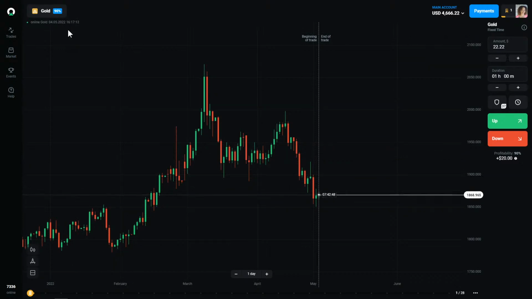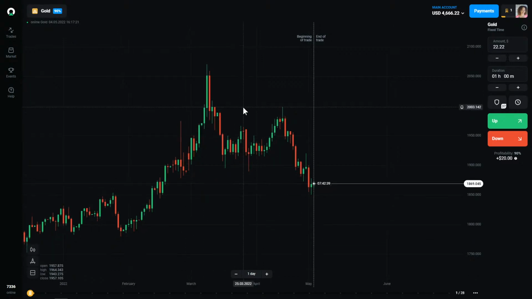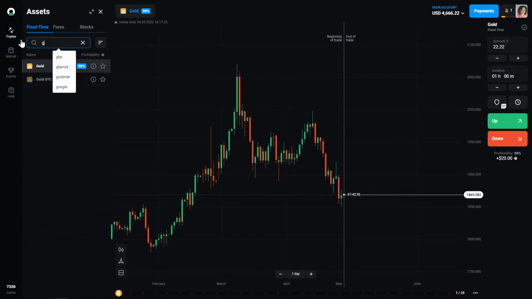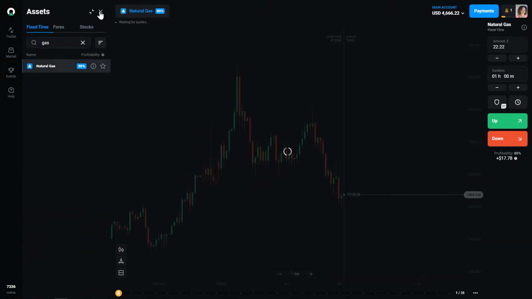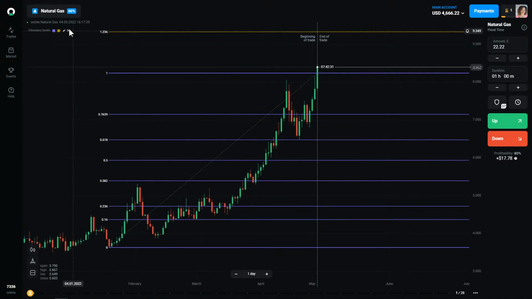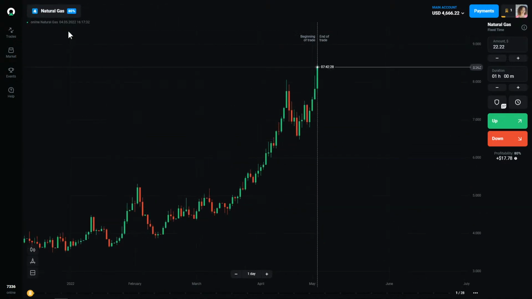Now, my friends, I want to show you another way that you can use the Fibonacci retracement levels, the indicator. So let's say, let's look at natural gas. Let's say that the price has reached a historic high or a historic low, and you have no past data to form your resistance and support levels.